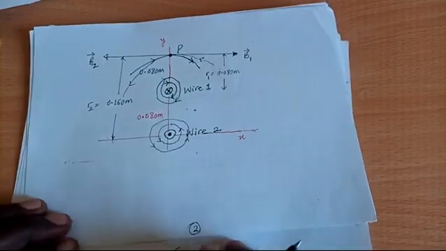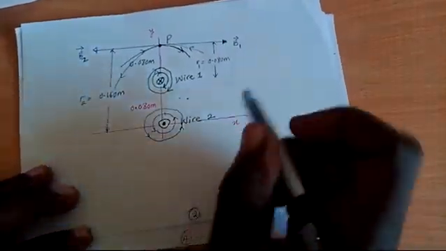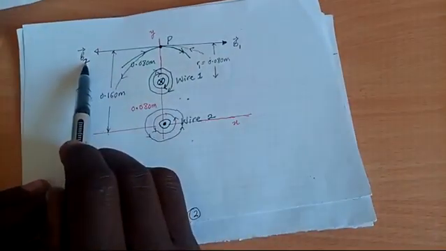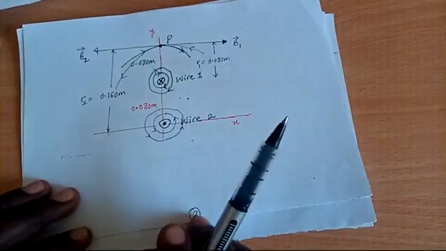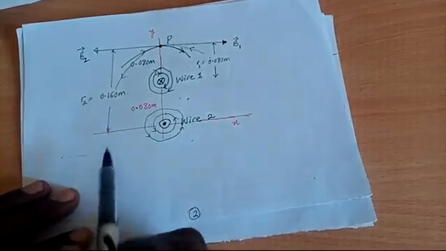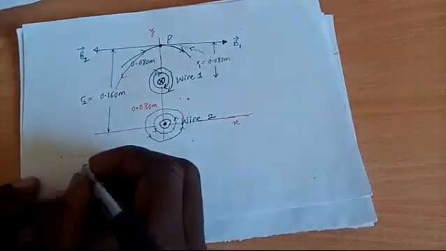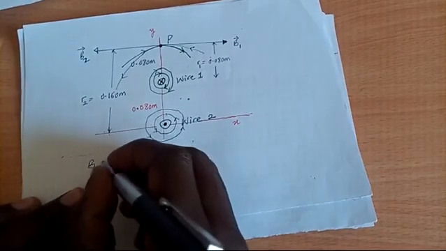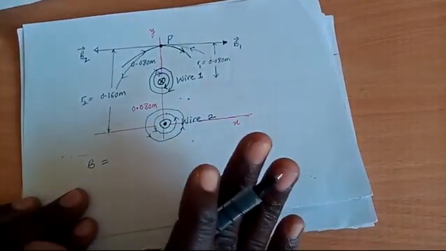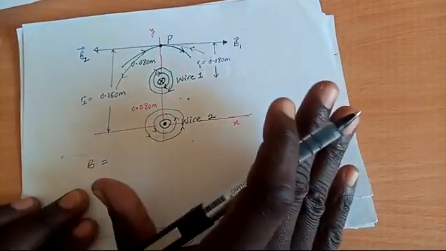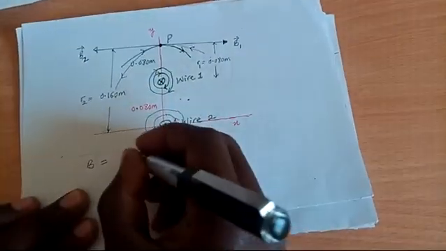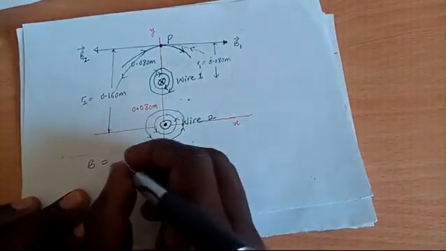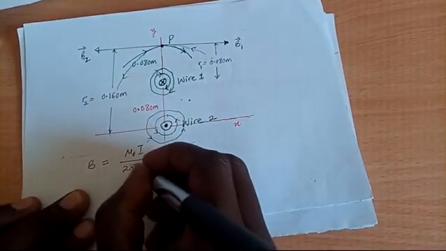The next thing we are going to do is calculate the magnitude of B1. We will also calculate the magnitude of B2 and get their vector sum. That will give us the resultant magnetic field at P. Since the field is generated by wires, the formula we use is mu naught I divided by 2 pi r.